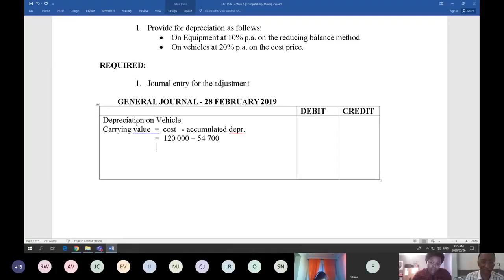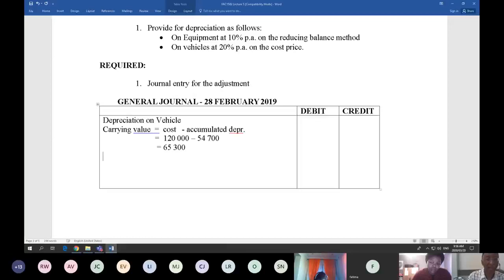Carrying value 120,000 minus 54,700, and that will give you an amount of, let me just make sure that I don't do this calculation wrong, minus 54,700. My carrying value is 65,300 rand. And then to calculate your depreciation, it is then 20% on the carrying value.